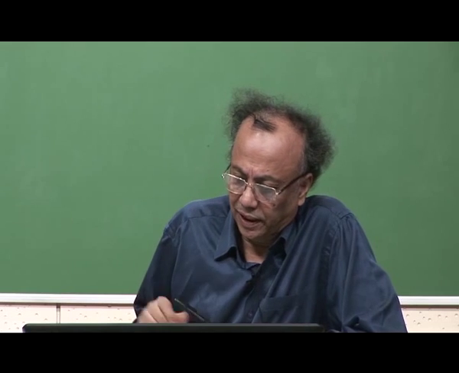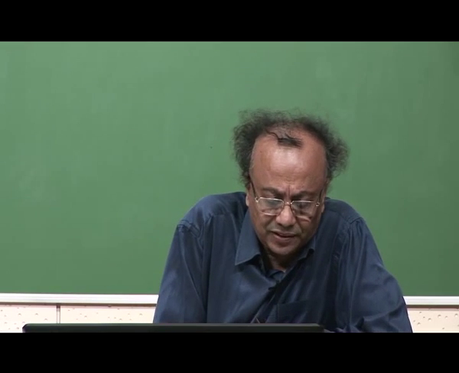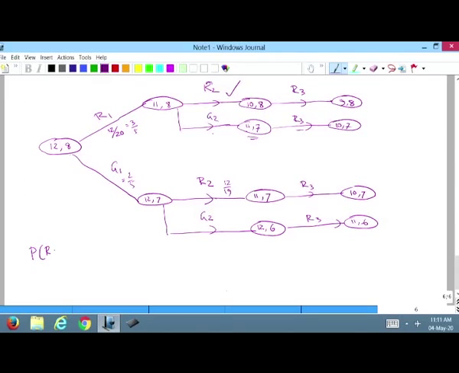So, let us calculate therefore the probability of R3. The third ball is red.